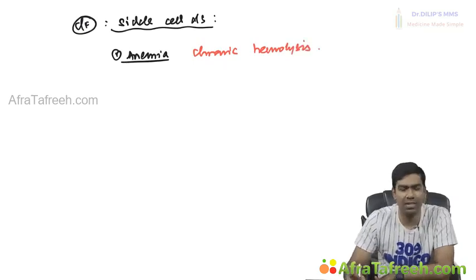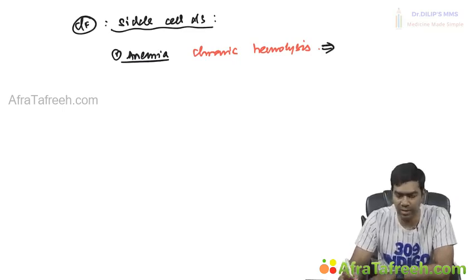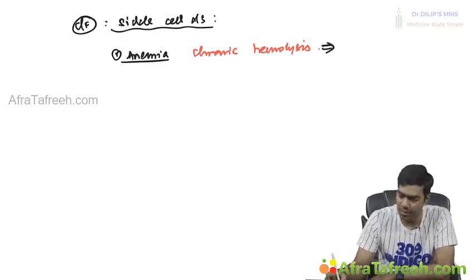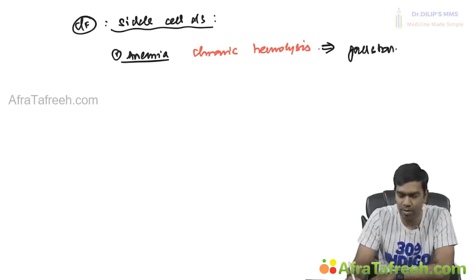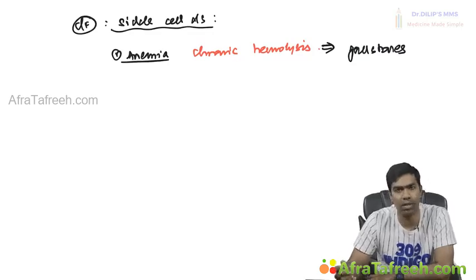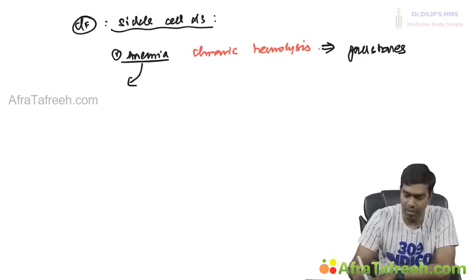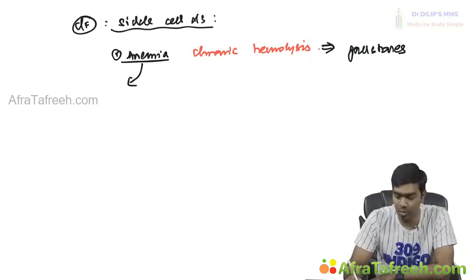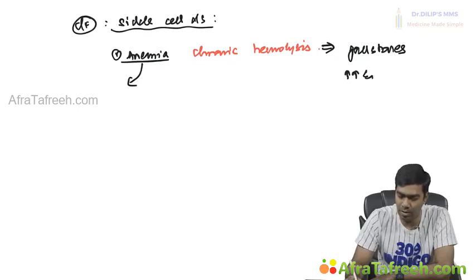This chronic hemolysis, per se, can result in a lot of complications like gallstones, one of the important complications. Gallstones in chronic hemolysis are going to be pigmented stones, made of bilirubin. That's because of chronic hemolysis. At the same time, this chronic hemolysis can also result in increased erythropoiesis, so your erythropoiesis will be accelerated within the bone marrow.